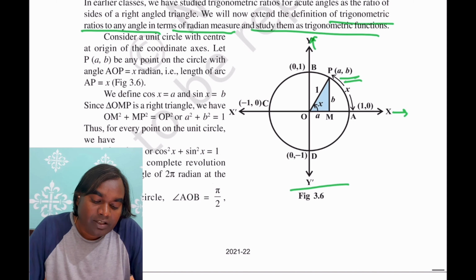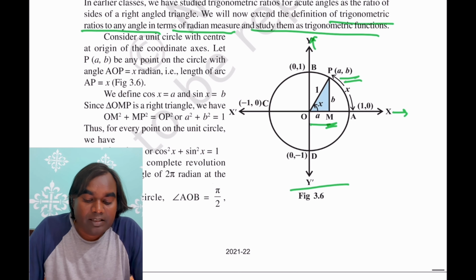That means if we draw a perpendicular from P to the x-axis, that will give PM equal to b and OM equal to a, and the angle that this makes is equal to x.